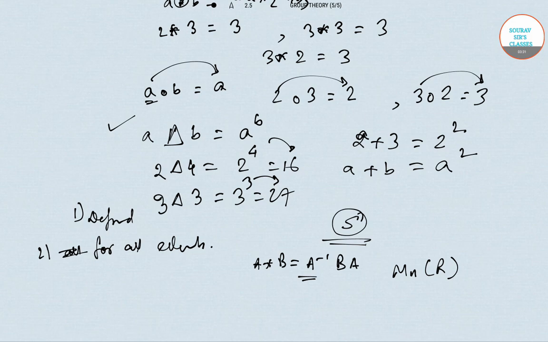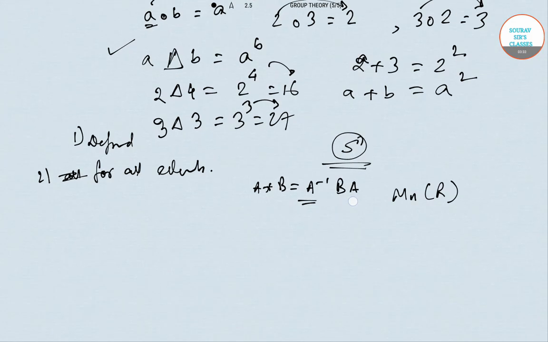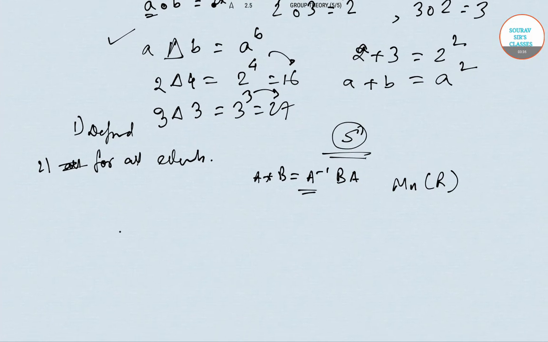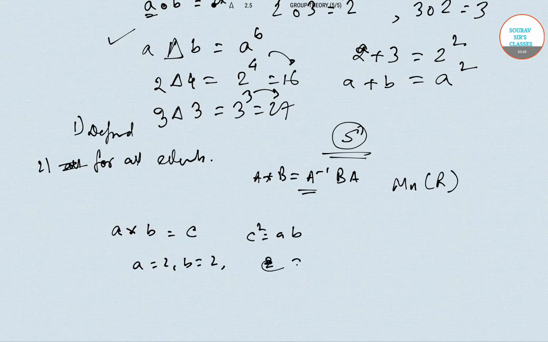Third, the result of the operation must, remember that, every time be uniquely determined. If we say A star B is C where C squared equals AB, then for A equal to 2, B equal to 2, C may be 2 or minus 2. You getting my logic? As it is not uniquely determined, this is not allowed. If you are getting a value, it must be a unique value.